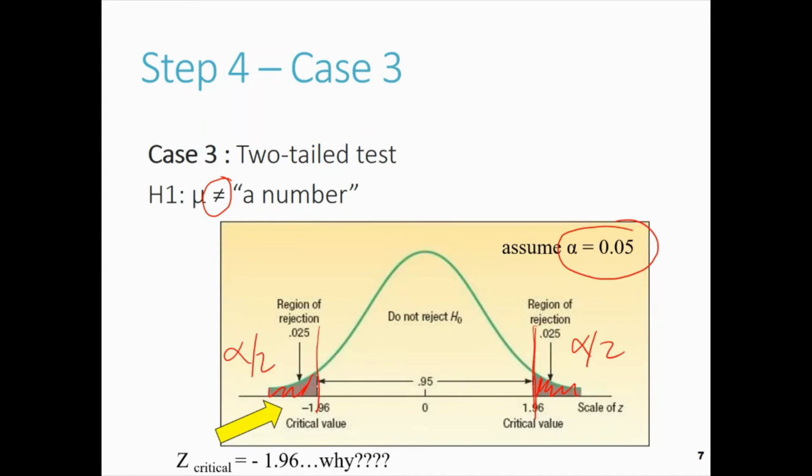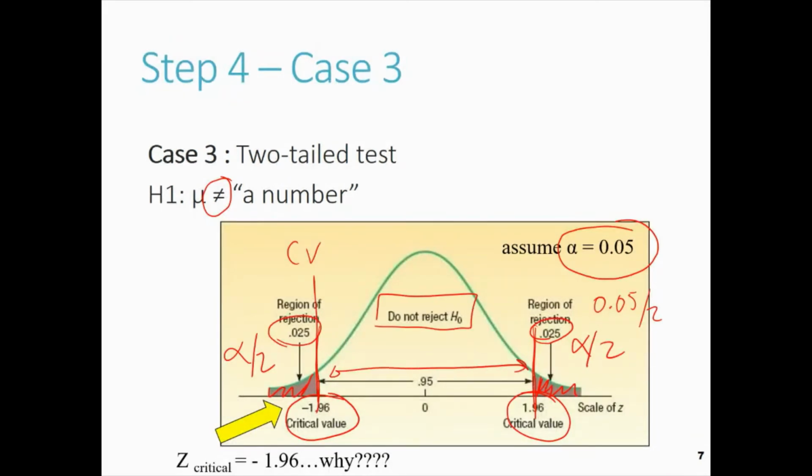Now in this case we have the slide here telling us that the critical value is equal to 1.96, positive and negative, because this is symmetric, right? So you have your alpha divided by 2, which means 0.05 divided by 2, and that's equal to 0.025.